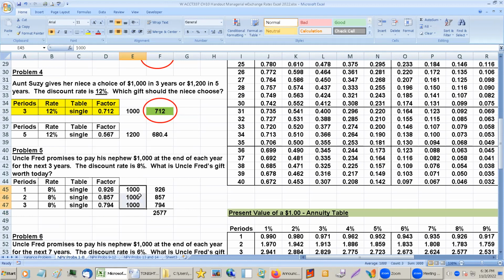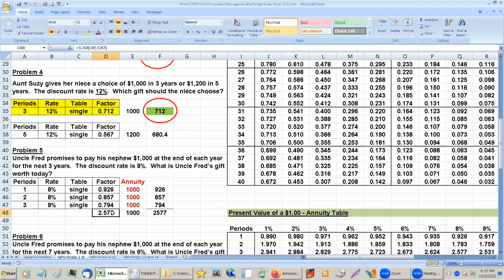Now, because these are all the same, this is actually an annuity. An annuity has equal payments, and a lot of things in business are. So because these are all equal, that's actually an annuity. And if we have an annuity, we can add the factors up and just multiply it once, and we should get that same number, and we will.